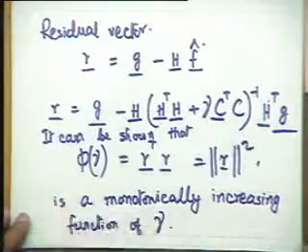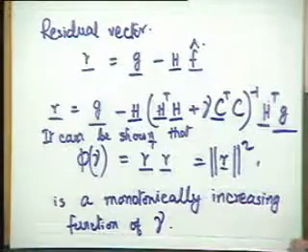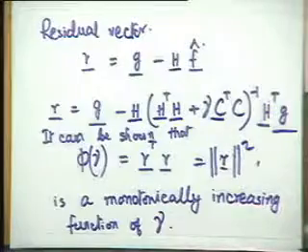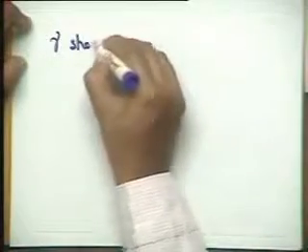So by having a knowledge of this, it comes to our advantage. After computing the residual vector r, we definitely know in which direction gamma must be adjusted, because we know for certain that phi of gamma is going to be a monotonically increasing function of gamma.